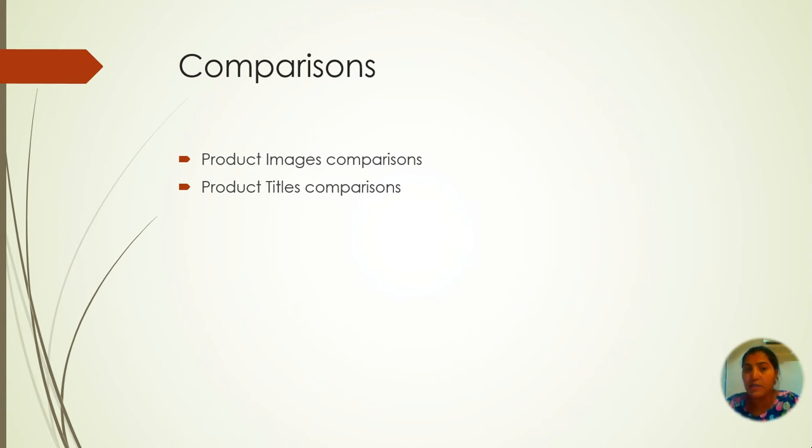A machine cannot understand the product image and product title; it can only understand numbers. In technical terms this is called a vector. I will cover this part in this video.